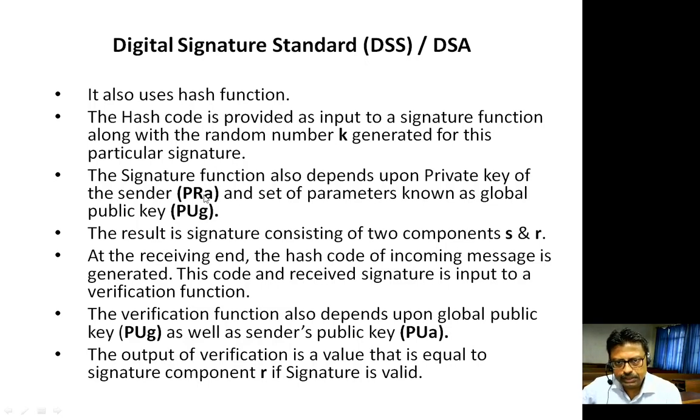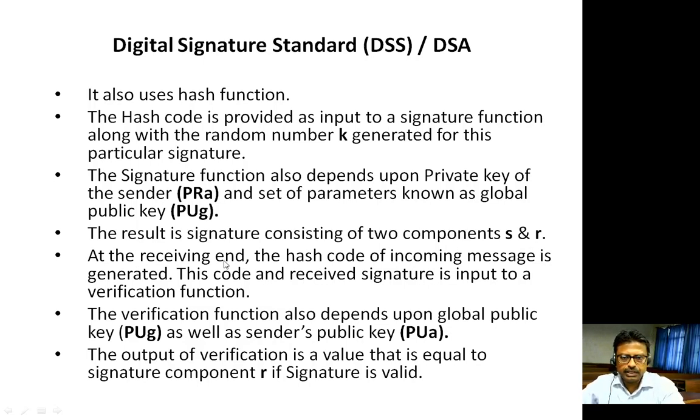After applying k, the private key and the global public key, the result we get is a signature, and this signature consists of two components. One is called S, another is called R.